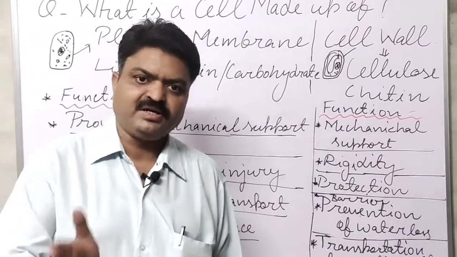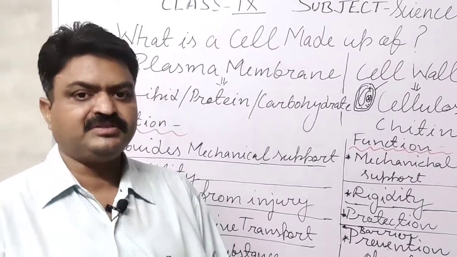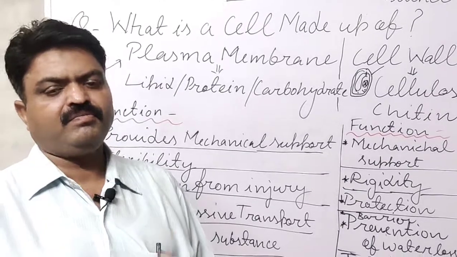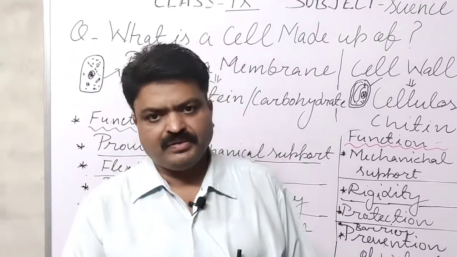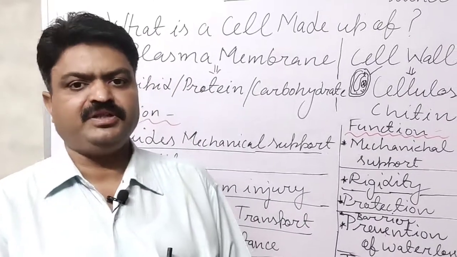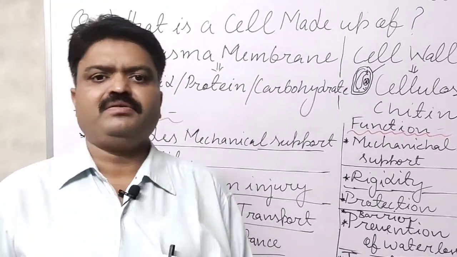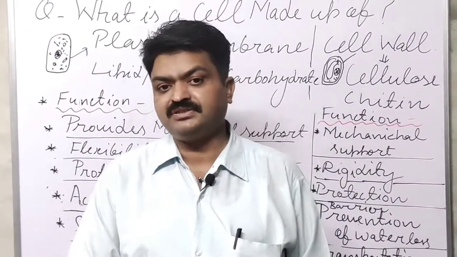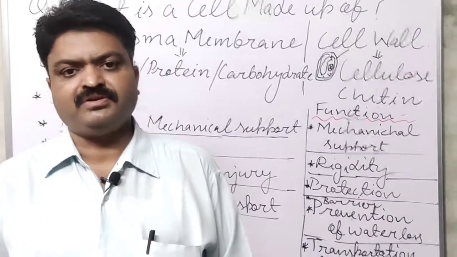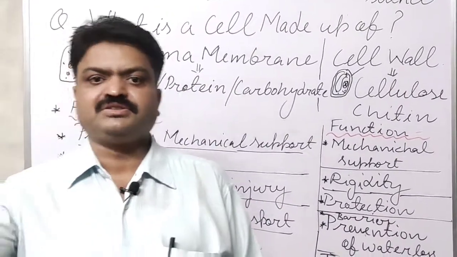Yes student, transportation also plays a very important role inside the cell, as substances enter or are removed from the cell with the help of plasma membrane. So it allows the exit or the entry of the substances from the cell student. It maintains the exit or entry of the substances.